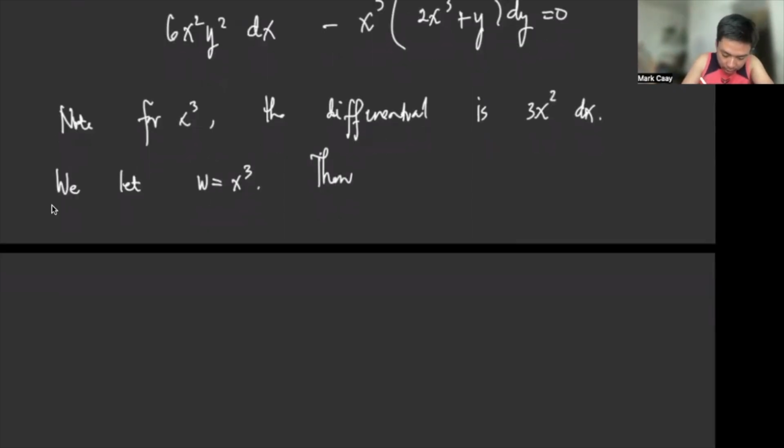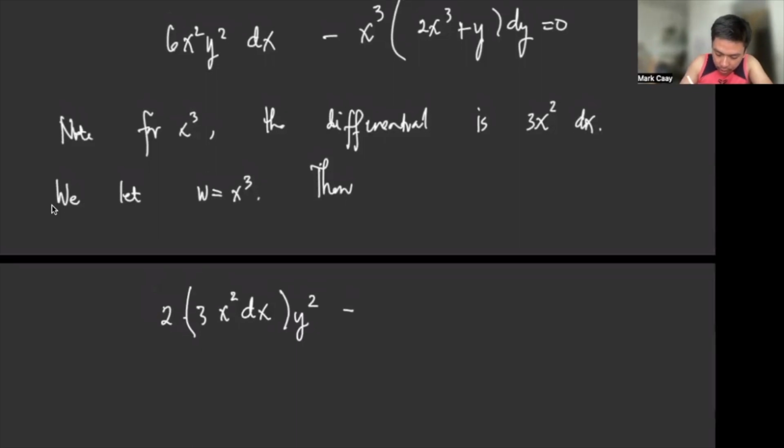I can write this as, yung 6 kasi pwede kong gawing 2 times 3, no? And then I have x squared dx. And then meron pang y squared, no? So I can have this. Ganyan. And then minus, I have x cubed, and then I have 2x cubed plus y dy equals 0.